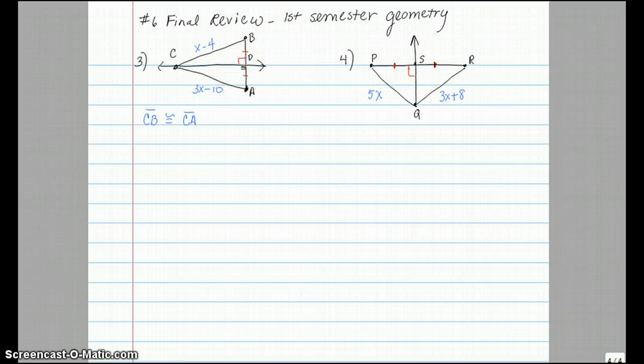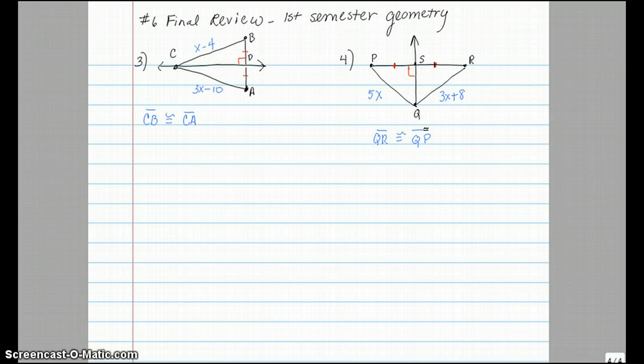And what we know from the theorem is that any point that lies on that bisector, so in this case QS, will be equidistant from the endpoints. So QR will be congruent to QP.